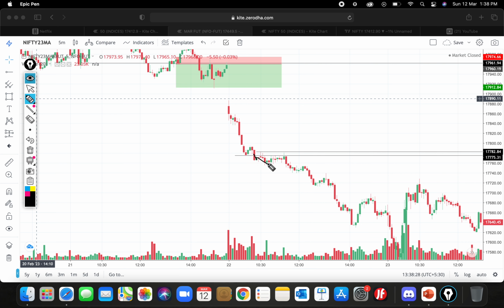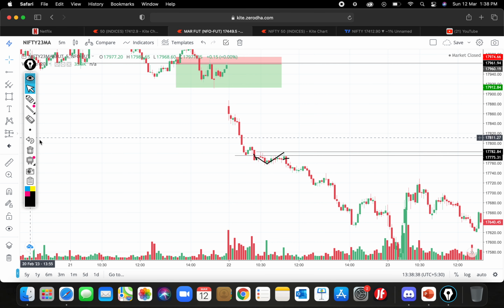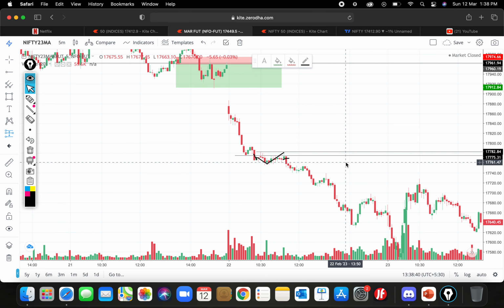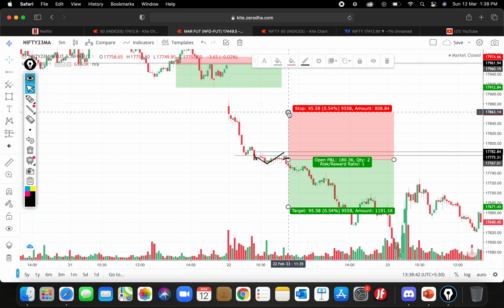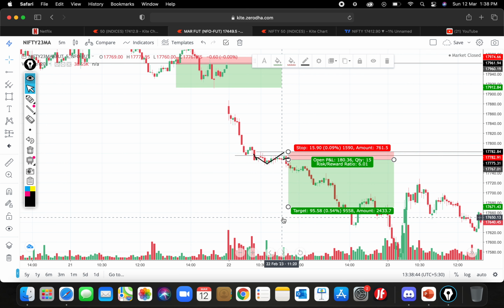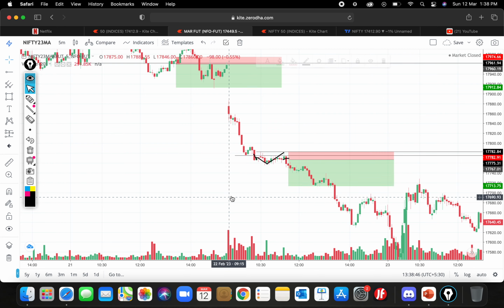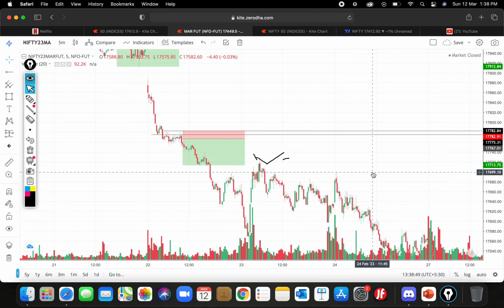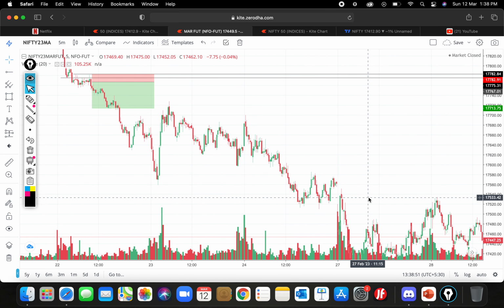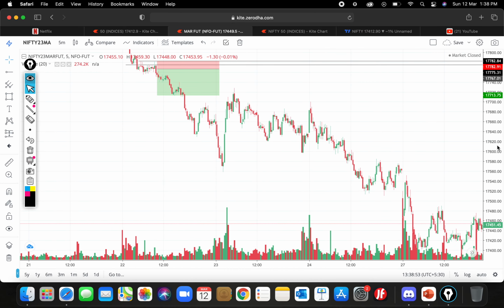Once we could see there was a strong candle right here, this is where we could have entered. So we could have entered somewhere around here with stop loss here and take profit of minimum 1:2, which is easily achieved here.